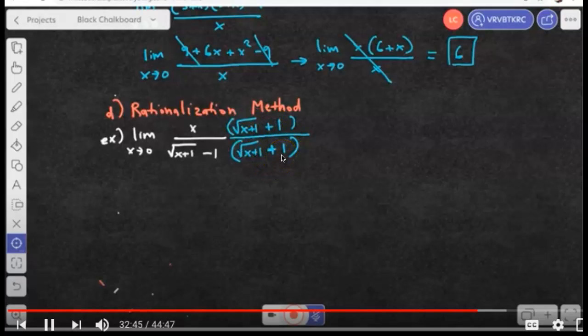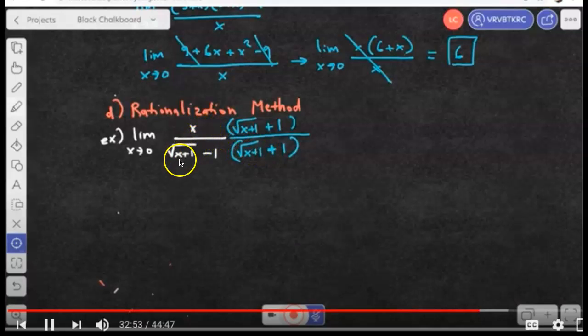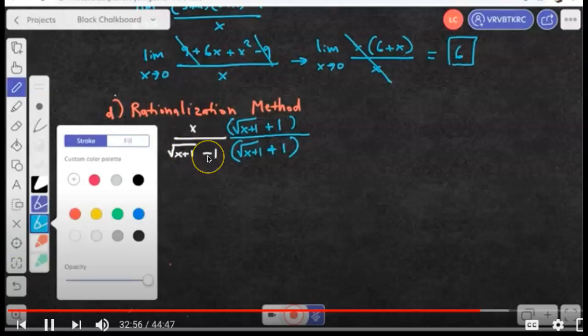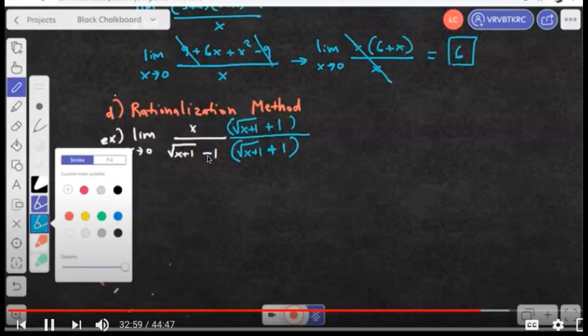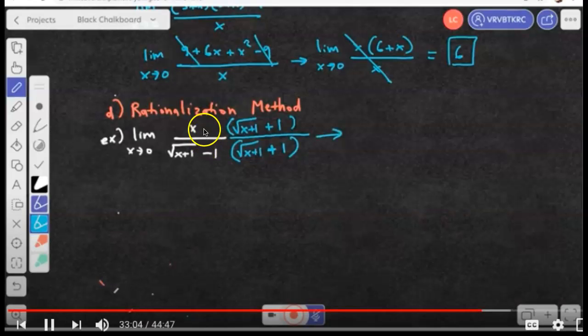I'm multiplying by 1. So now I'm going to change the white fraction, the x divided by the radical sign. I'm going to multiply, and that's called rationalization. The top part of the fraction is just going to stay the same. Don't do anything to the top.